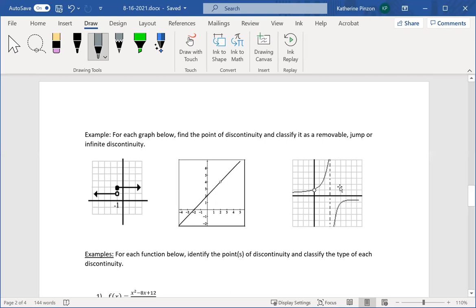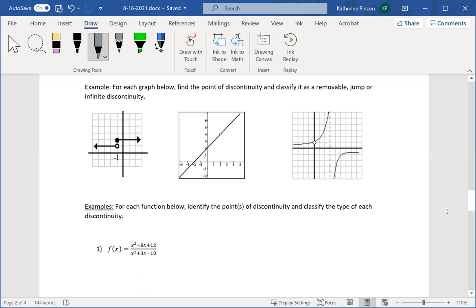Let me move them up higher. And a graph may have more than one point of discontinuity.